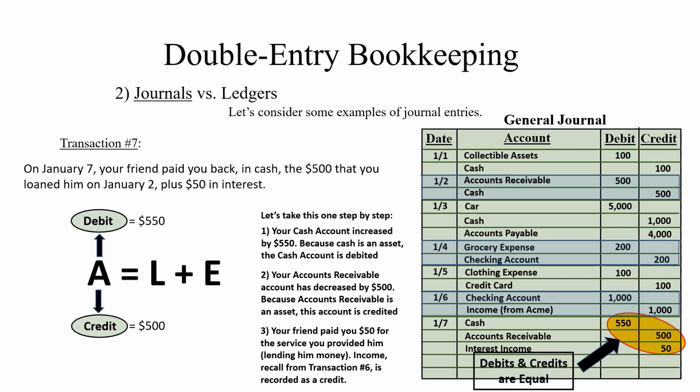As you can see, however, the debits and credits do add up in our journal. That's because we invented an account that we could credit, interest income, which is neither an asset nor a liability. We invented it just to make sure that our journal entries are balanced.